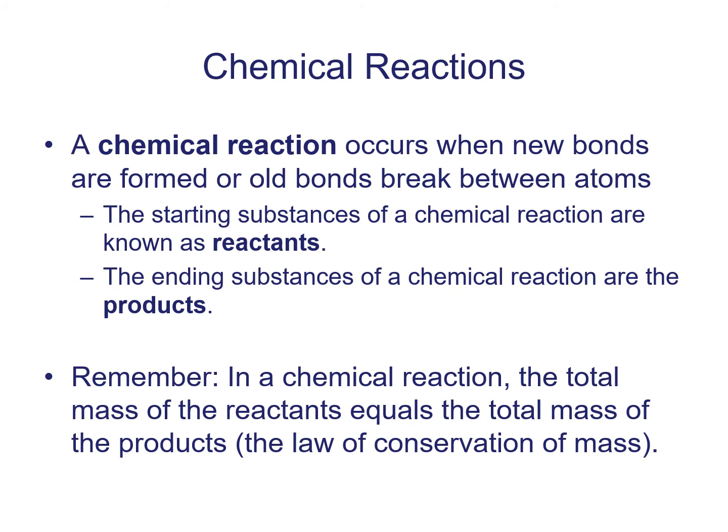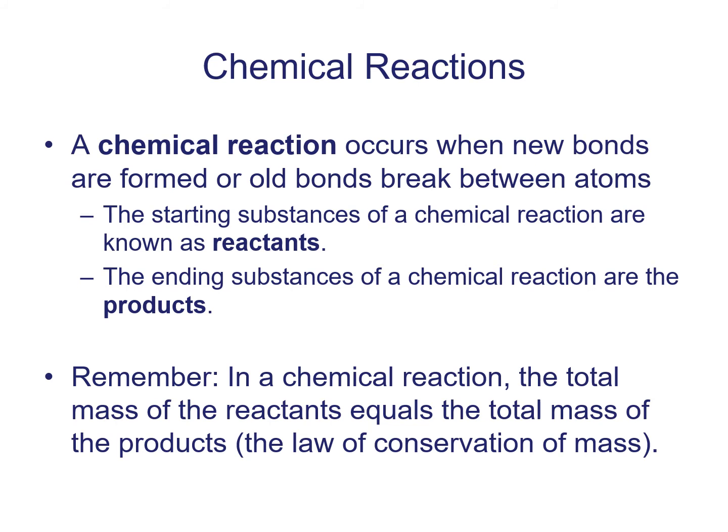Now keep in mind, and I'm not going to have you balance equations or anything on a test, but keep in mind that the mass of the reactants has to equal the total mass of the products. That's something known as the law of conservation of mass, and that applies for each element.